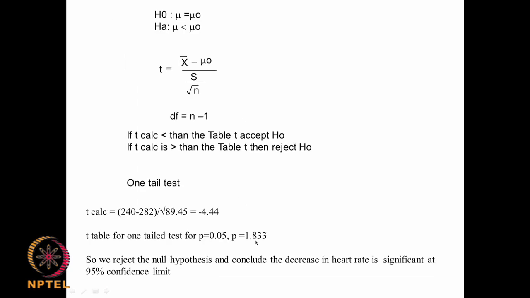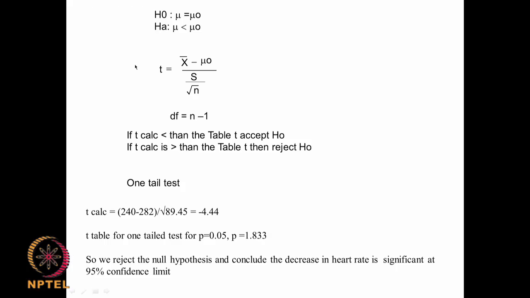So t from the table is 1.833, t calculated is minus 4.44, so it is greater in magnitude, so we reject the null hypothesis at p is equal to 0.05. So we accept the alternate hypothesis. That means the heart rate has decreased because of anesthesia, and this decrease is significant at 95% confidence interval.